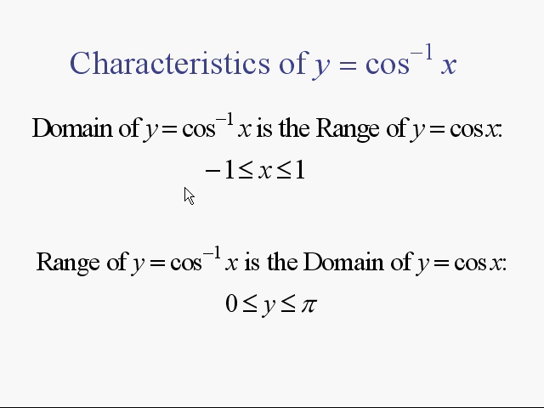So the domain is numbers between -1 and 1. What you think about for the inverse cosine is plugging in possible numbers that could be values of the cosine function, and what comes out, the range of the inverse function, are the angles that would work. And angles in that restricted set are angles between 0 and pi.